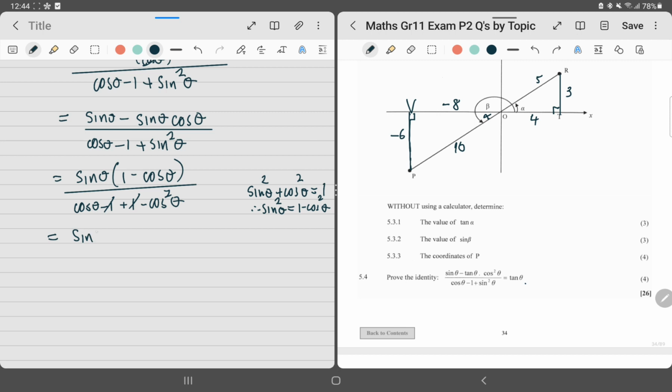So this is sine theta times 1 minus cos theta. Then I'm going to have a cos theta minus cos squared theta, so I'll take out a cos. So 1 minus cos theta. This takes care of that. So I'm left with tan theta, which is equal to the right hand side.